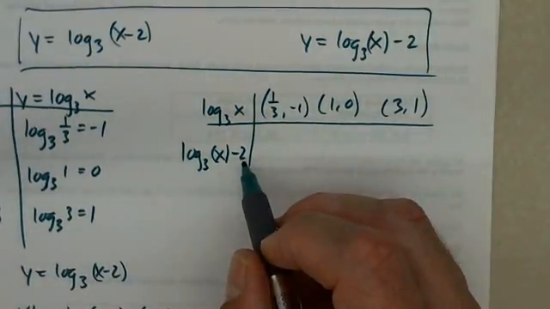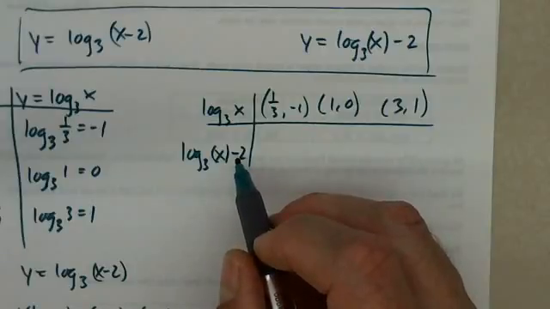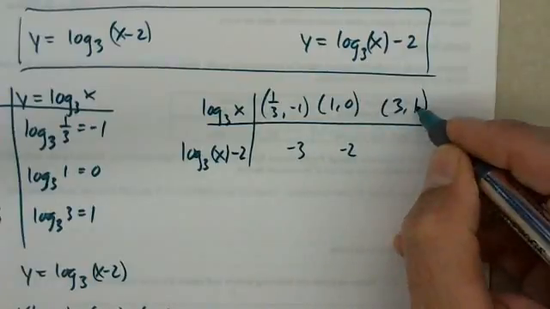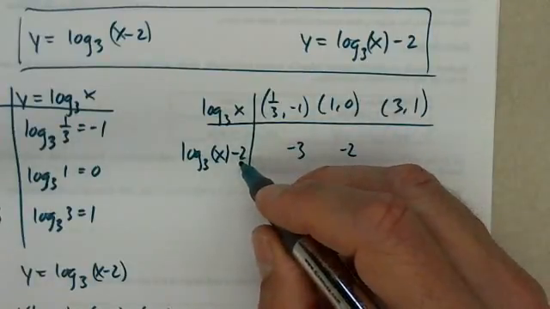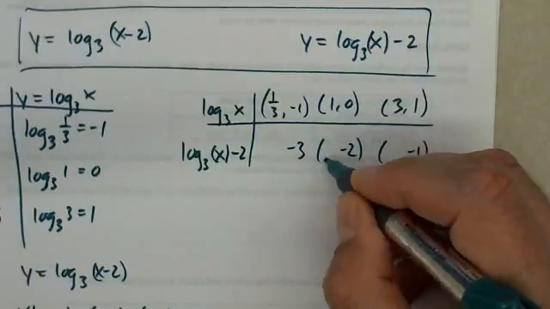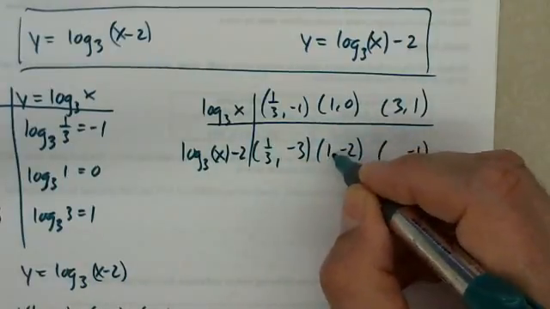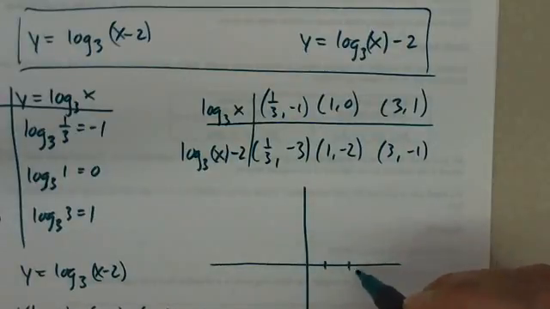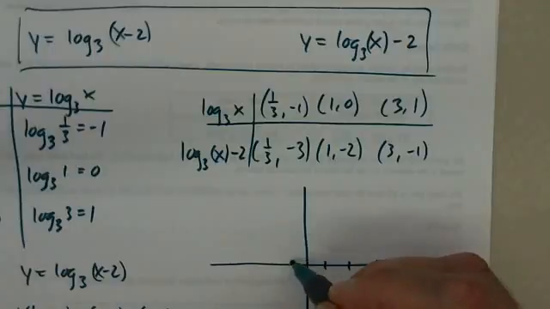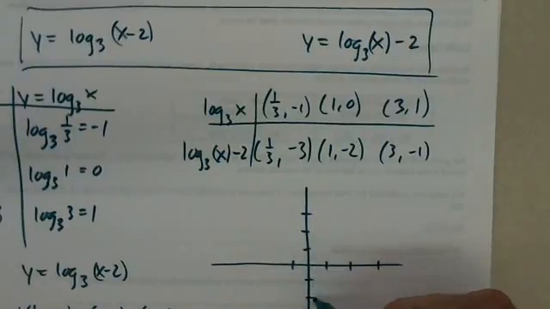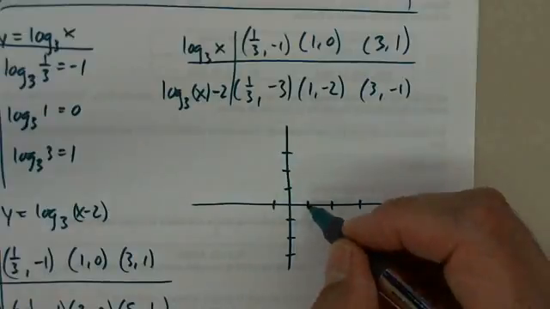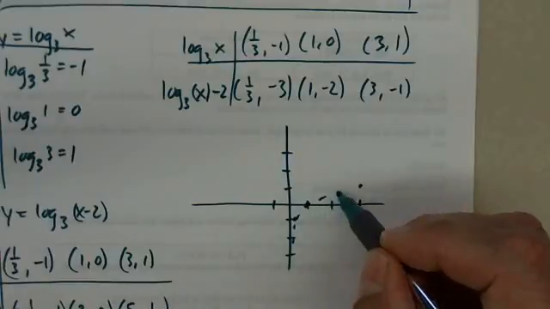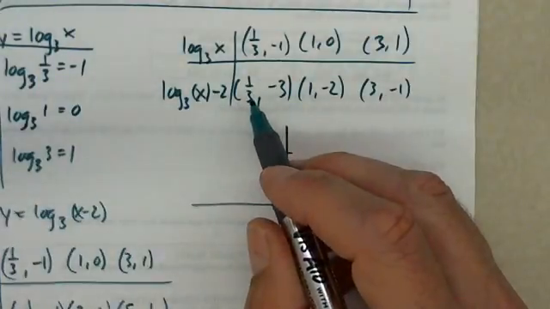And this is an outside change. It's changing the y. We don't do the inverse. So we're going to go -1 minus 2, 0 minus 2, 1 minus 2. We have the parent function. And now we have the transformed function.